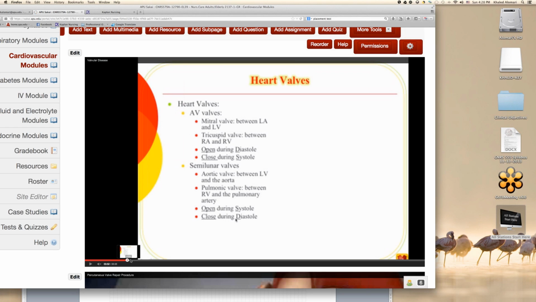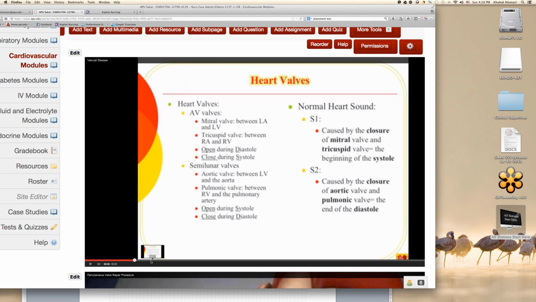The most important thing is to know the location of the valve and whether it opens during systole or diastole.